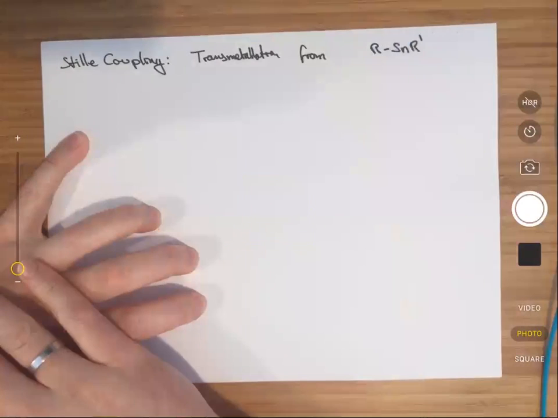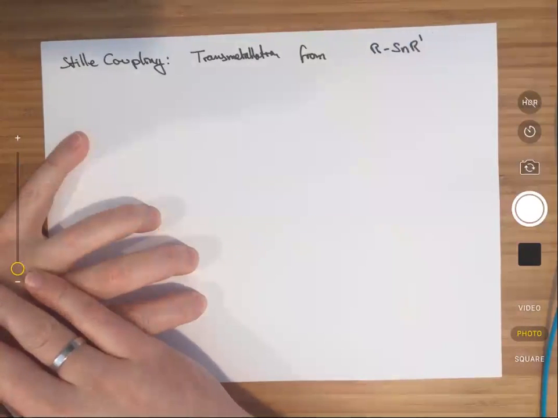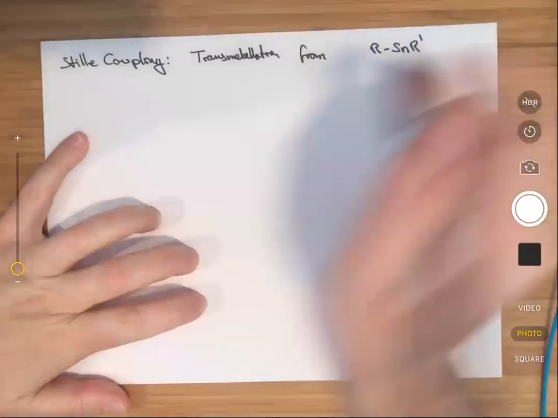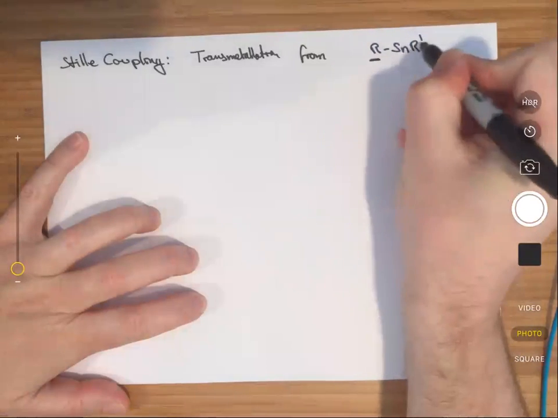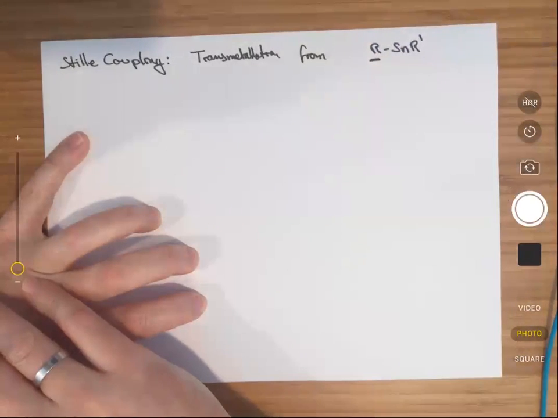It's usually a tetraalkyl stannane, and the residue that is going to be transmetallated is usually this residue R here. We're going to talk about these in just a little bit.